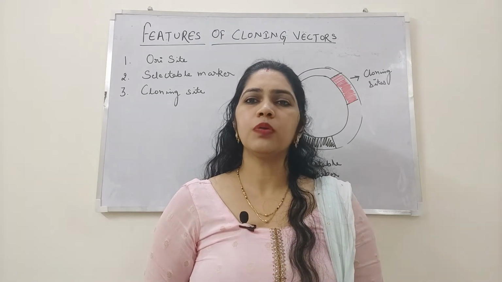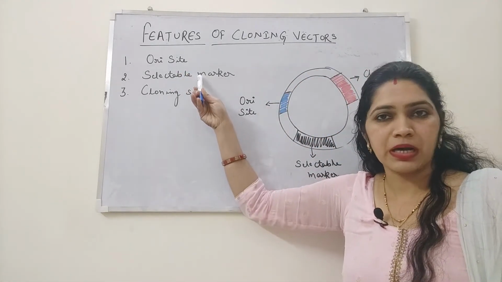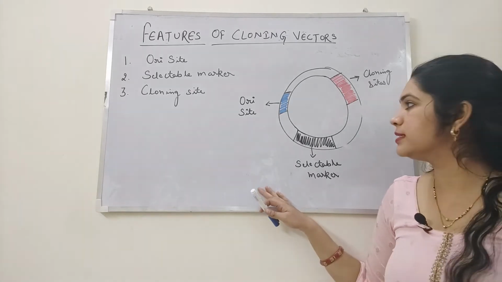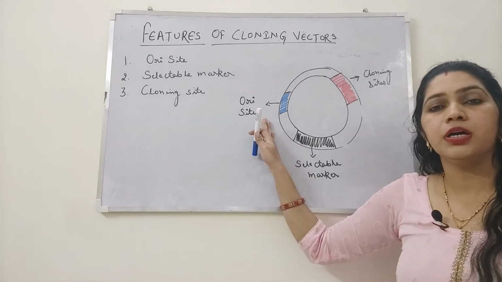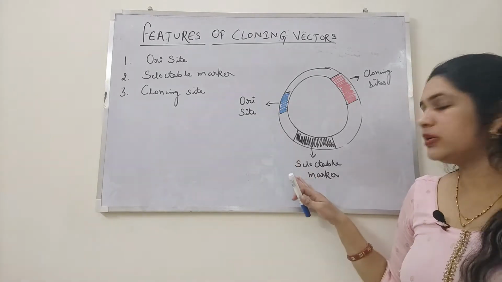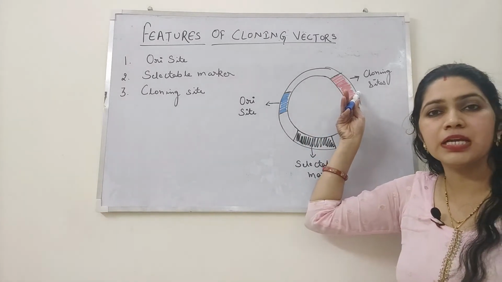Now, the features of cloning vectors are ori site, selectable marker and cloning site. Here in this figure of cloning vector, you can see this will represent the ori site, this will represent the selectable marker, and this will represent the cloning site.